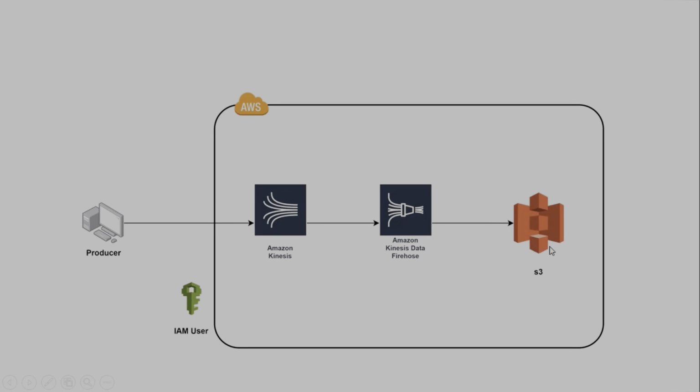S3 is nothing but a storage service. It can store any kind of data, whether the data is in the form of files or images. The file type can be of any type: Parquet, CSV, JSON, Avro, any sort of file we can store here.